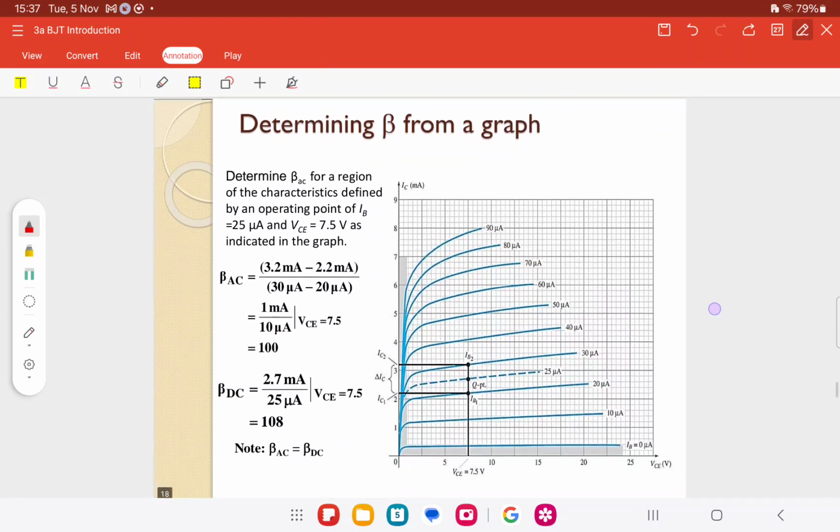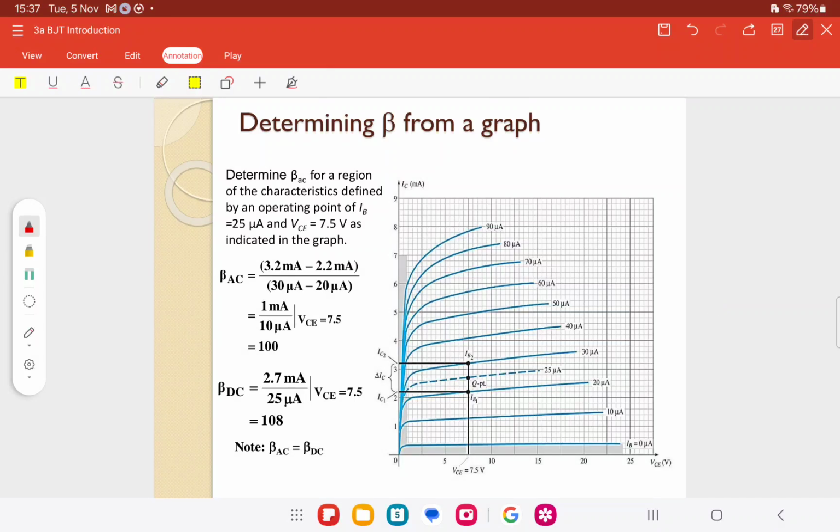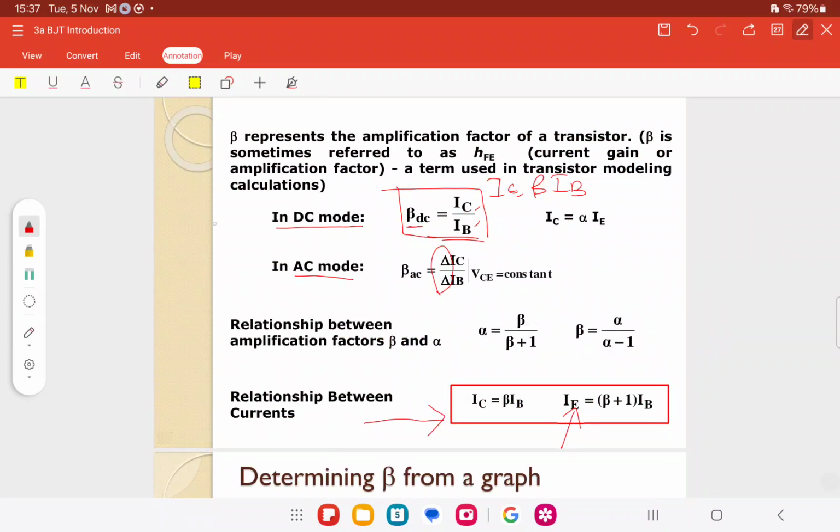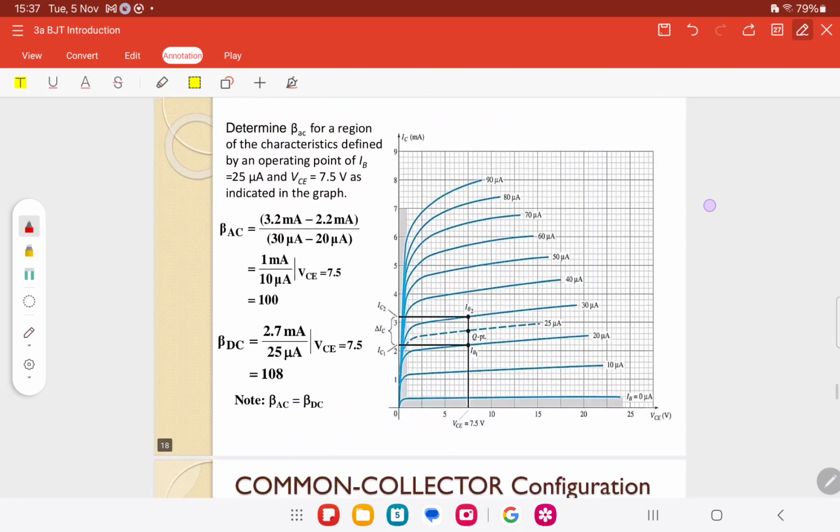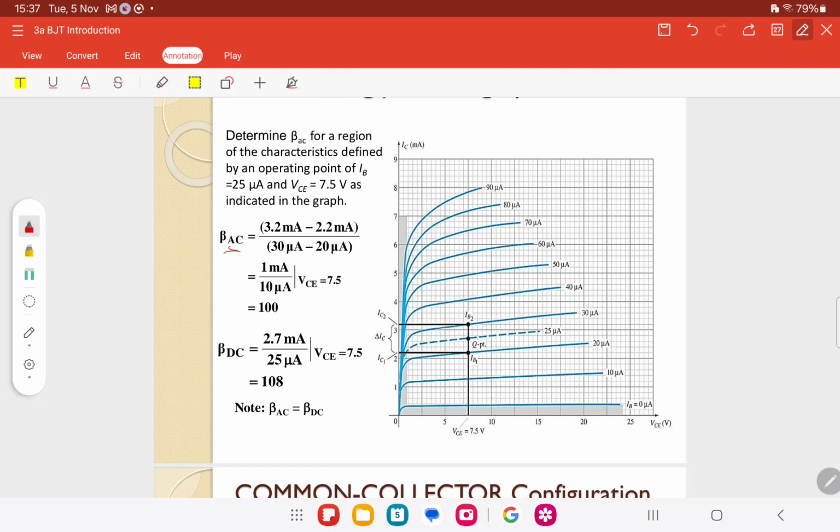This one is actually rarely asked, we just go through it briefly. For determining the beta value from the graph, it comes from this. Beta AC is the changes, that is why it takes 3.2 minus 2.2. IC, the current, 3 minus 2.2, over 30 minus 20. But it is actually these two points.